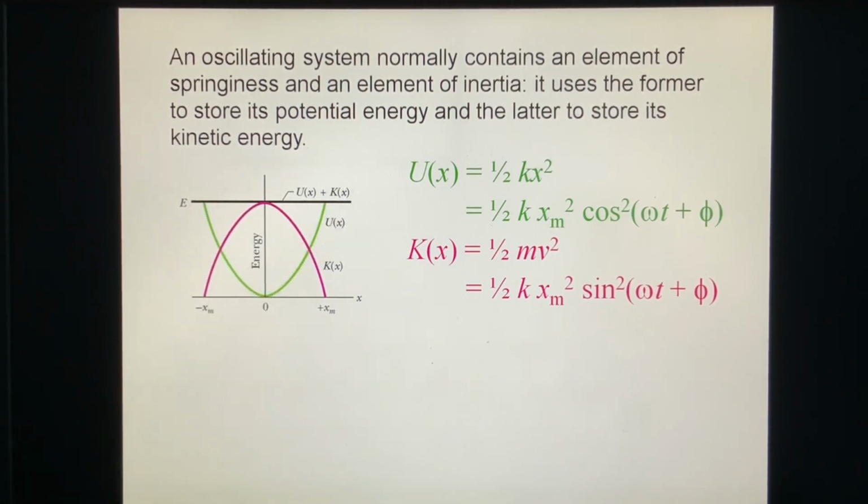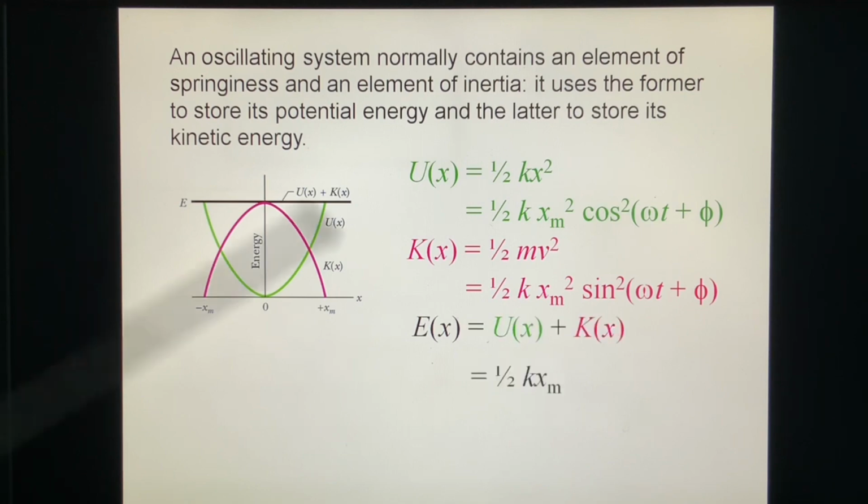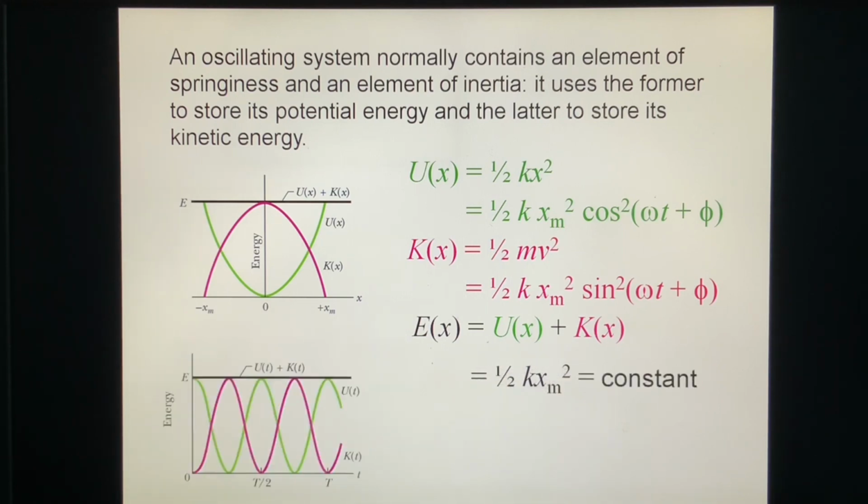The total mechanical energy at any position is constant. What is this? This is that when x is maximum, you don't have any speed, and there's total potential energy. And you look at this x of t. As t goes by, it vibrates, and the total mechanical energy at any time is constant too, as we saw before.